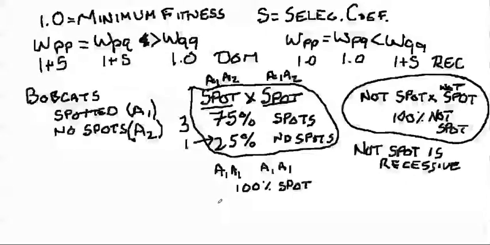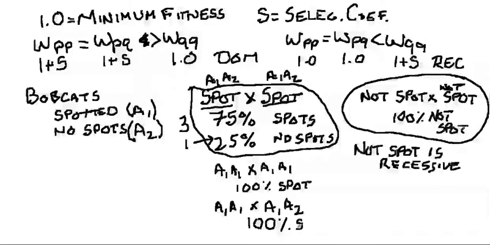Alternatively, if one was homozygous for the spotted allele and the other one was heterozygous for the spotted allele, we would still see 100% of the kittens being spotted.